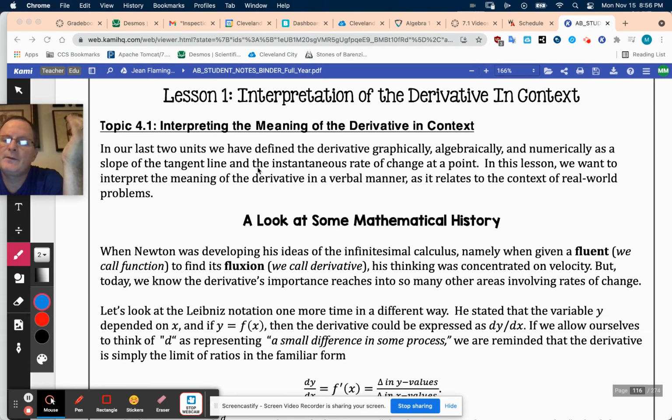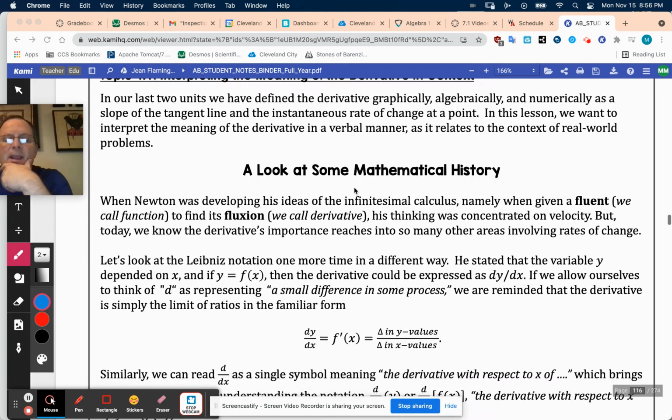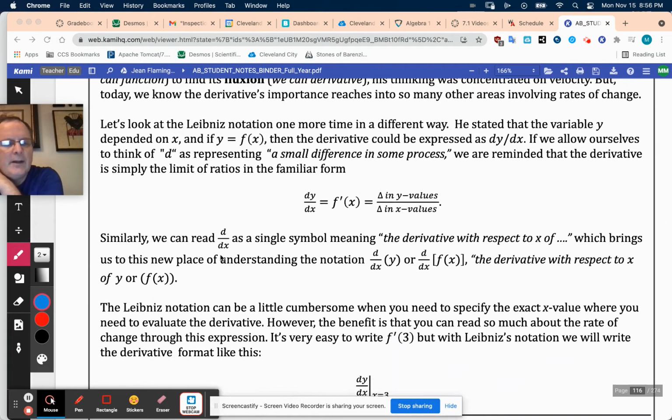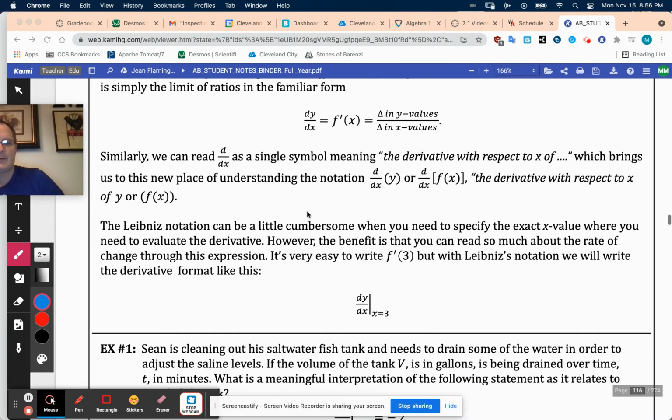In the last two units, we've defined the derivative graphically, algebraically, numerically as slope of the tangent line, instantaneous rate of change. In this lesson, I want to interpret the meaning of the derivative in a verbal manner as it relates to the real world, and it goes into a little bit about Newton, how he used f of x notation, and Leibniz, which is how I've always said his name, used this dy dx notation, which is great as far as we've held on to both of them because they both have their uses, and we talked about that in class.